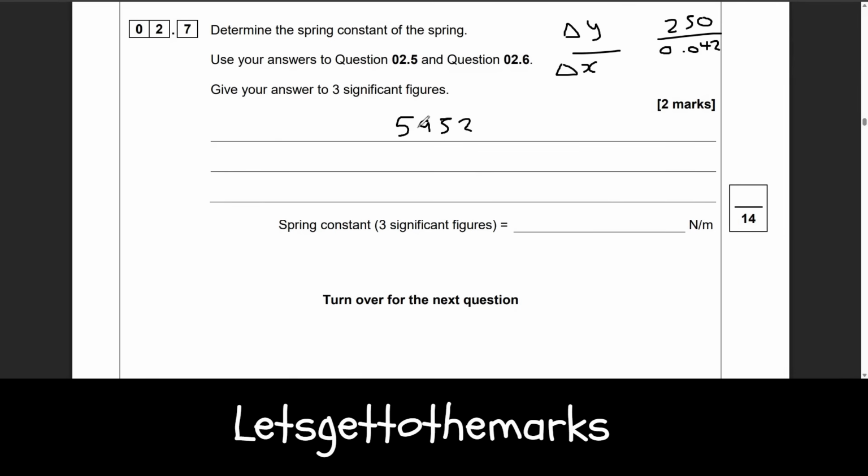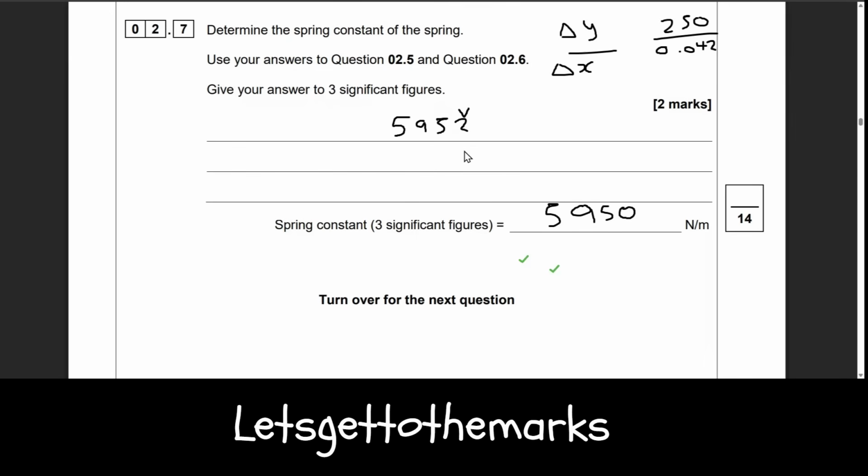So I'm going to go with 5,900 and we're going to keep it at 50. And why? Because this 2 is lower than 5, so we're going to take that down, and it's your first 3 numbers, so 5,950. The 0 doesn't really count, so we just want to represent it like that, and that's going to get us 2 bad boy marks. Oh, the end of question 2.